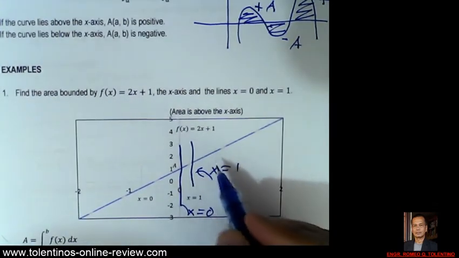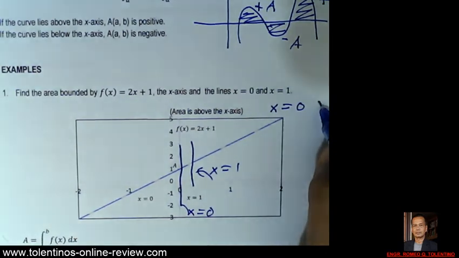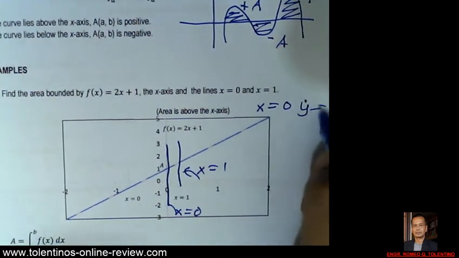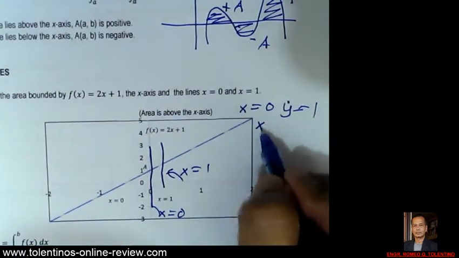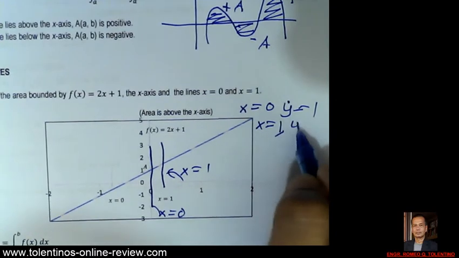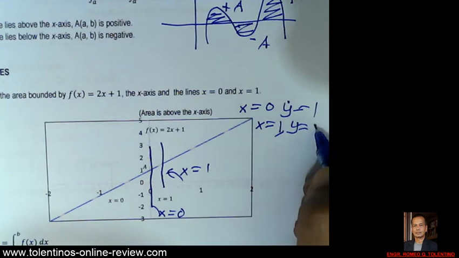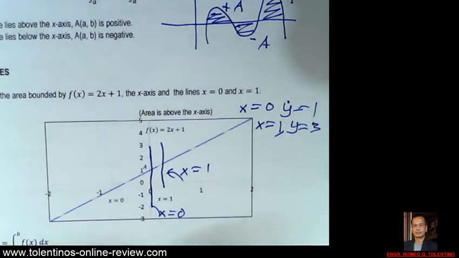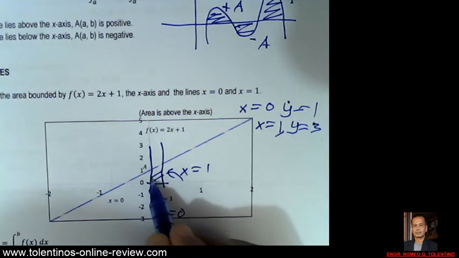When x is 0, your y is 1. When x is 1, your y is what? Substitute: 2 times 1 plus 1, that is 3. So this is now the one being asked.